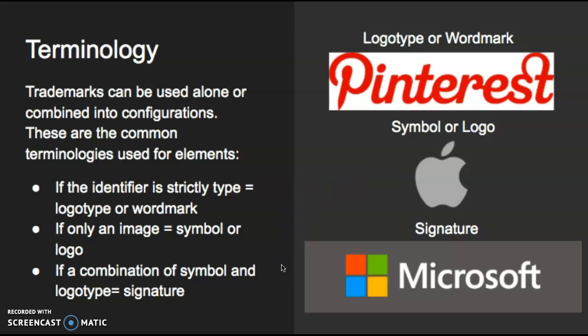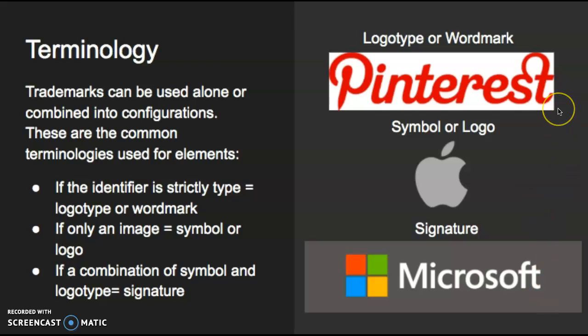Looking over here, then we have a combination of a symbol and a logotype. So this is if it's both the logotype and the symbol being combined into this one, and this one's called a signature. So we have the Microsoft one here that has both its image and its logotype. So if it doesn't have both, then it's not a signature.